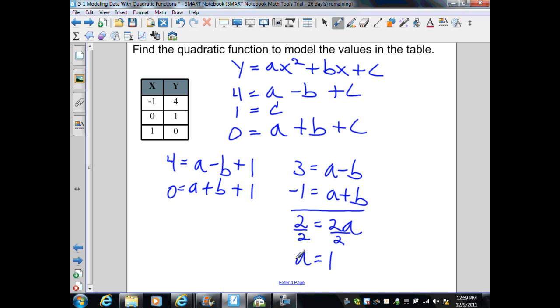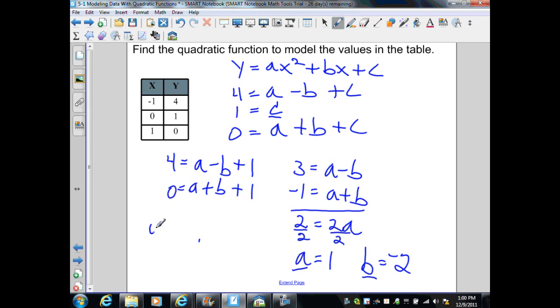Now I can substitute this value into one of these two equations, and when I do, here, a is 1, 1 plus 1 is 2, subtract 2 on both sides, I get b equal to negative 2. Now I substitute my a, b, and c values back into the general function.